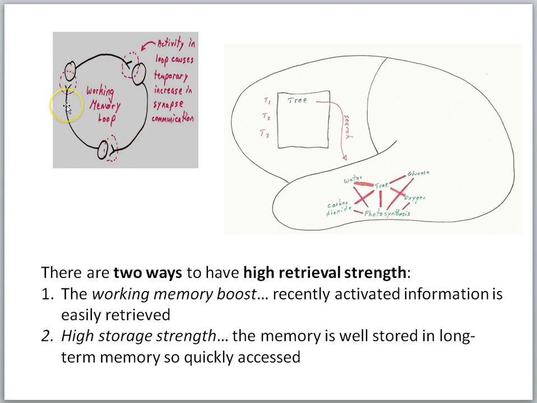And that would be what it is to have easy access, to easily retrieve some information you were just thinking about or reading over. But in addition, we can have high storage strength. So information that is well stored, has high storage strength, is easier to access and retrieve. So there are two ways then to have high retrieval strength, but retrieval strength is a measure of the ease or speed of access in retrieving the information.